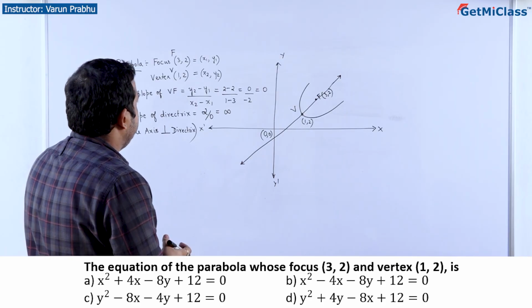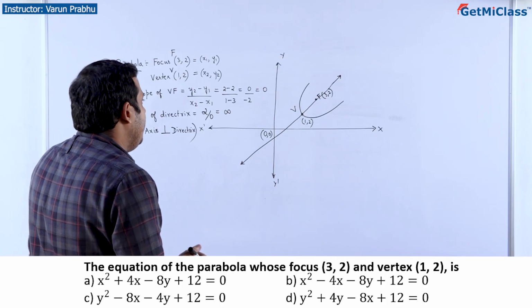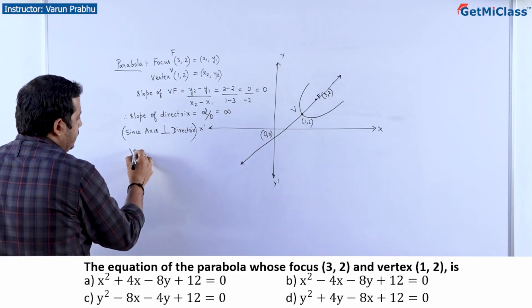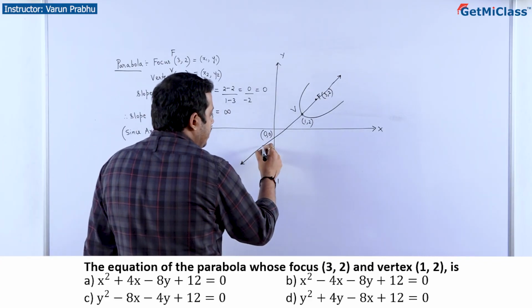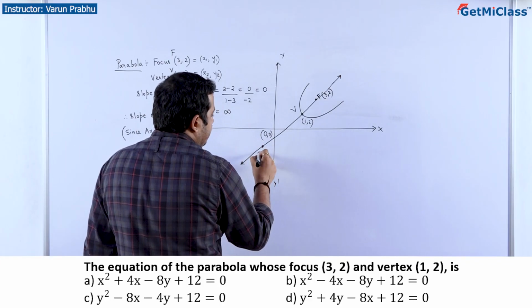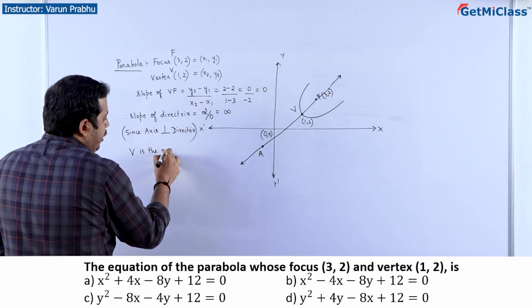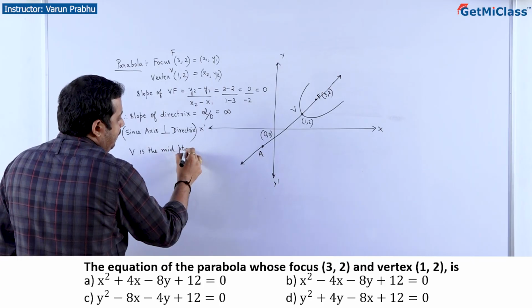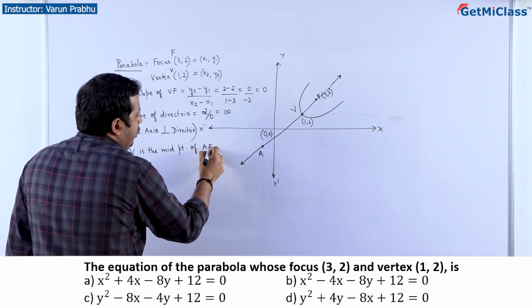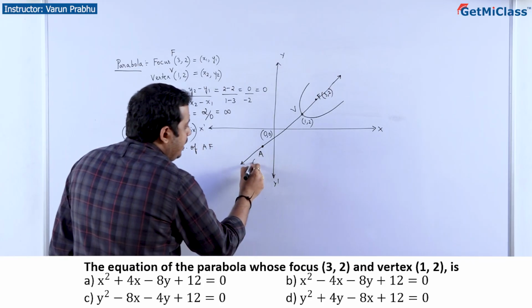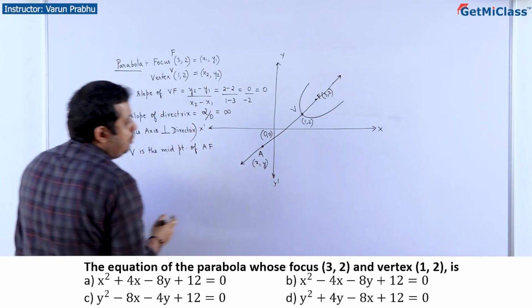Now again, the point through which the directrix passes, let it be A. V is the midpoint of AF, correct? So let me say that the directrix will pass through the point x, y.